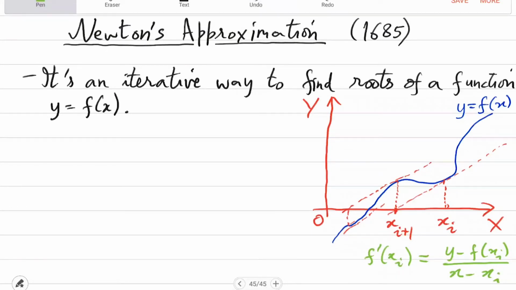And in the slope equation, since xi plus 1 will be the place where y is 0, it's on the x-axis, you set y equal to 0 and x to be xi plus 1, and you get the recurrence. So the recurrence is xi plus 1 is equal to xi minus f(xi) over f prime(xi).